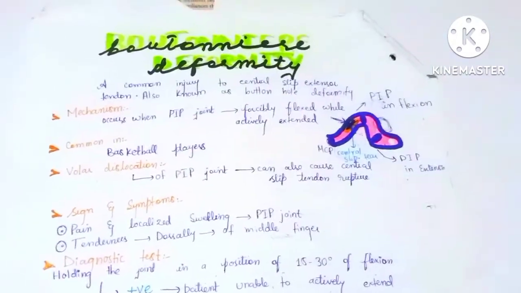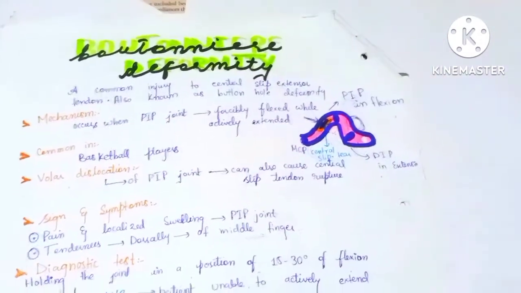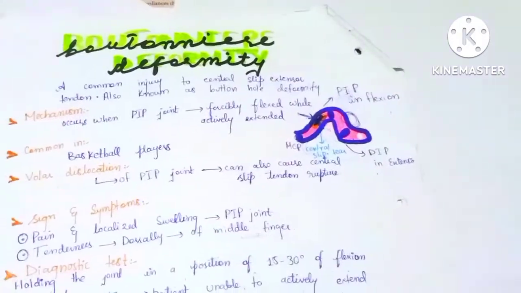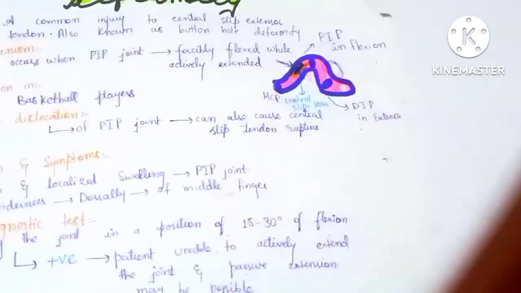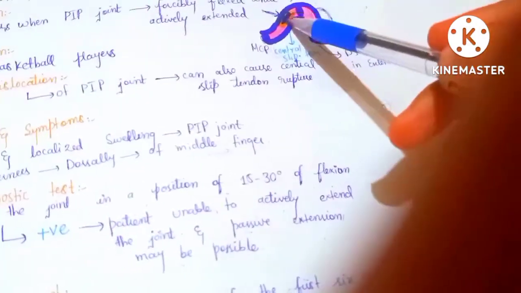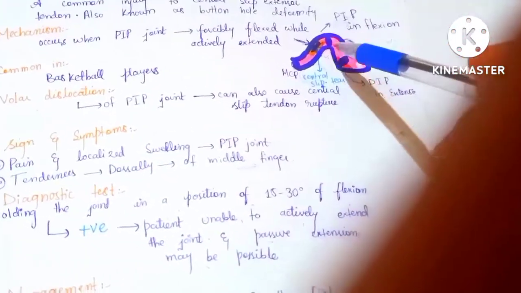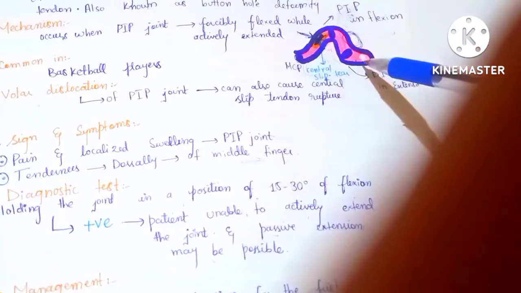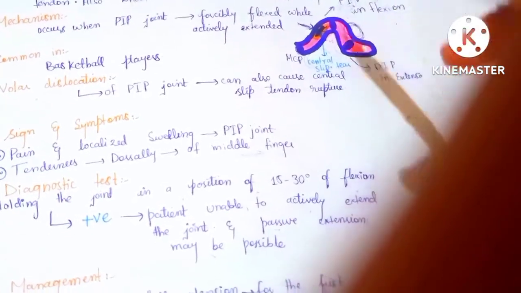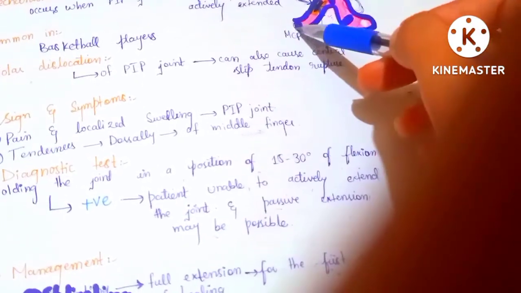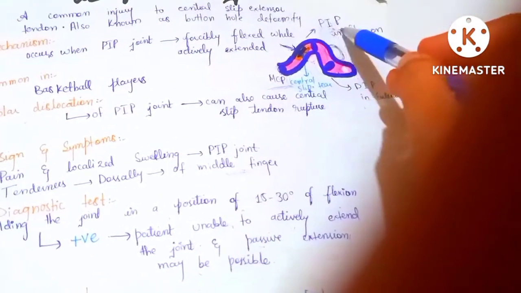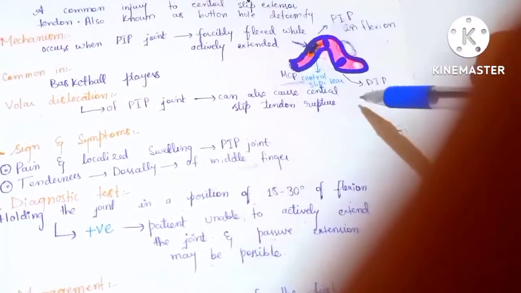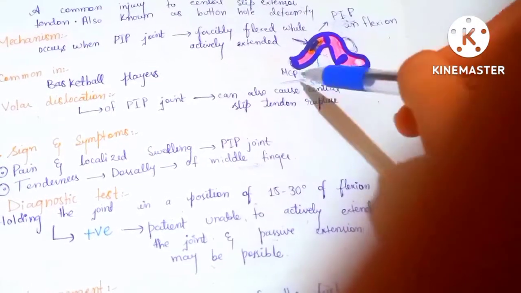Start from the very basic knowledge about the central slip tendon rupture. In this picture of the basic finger, start from the very first joint, the MCP joint, then the PIP joint, and the last one is the DIP joint.